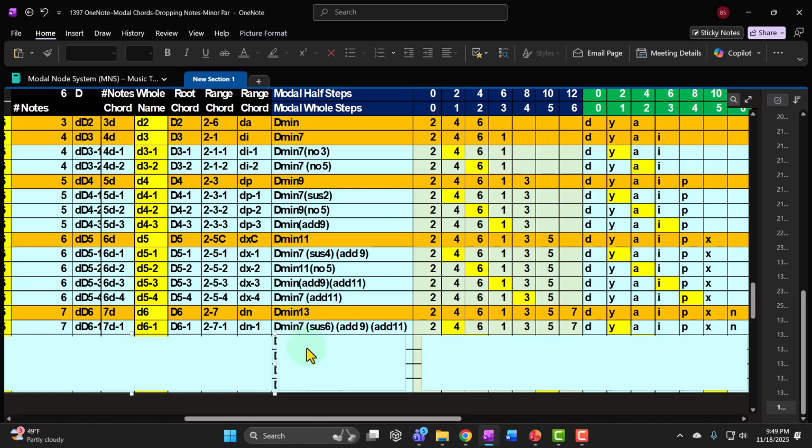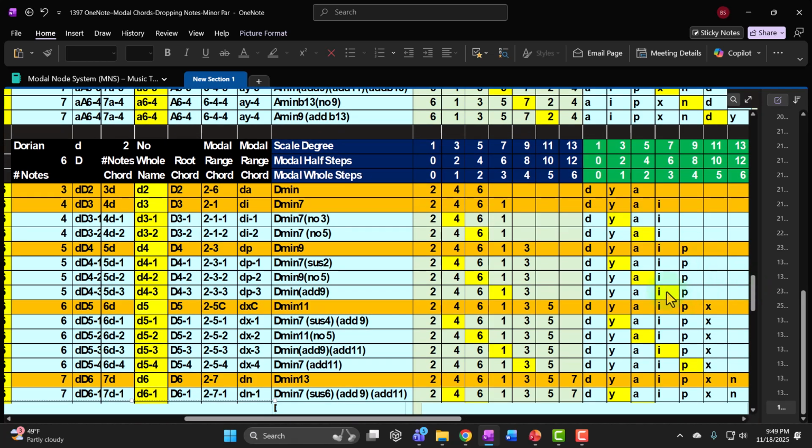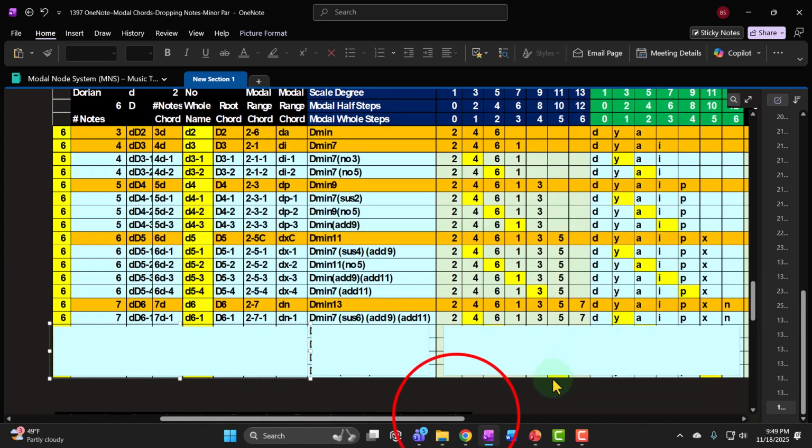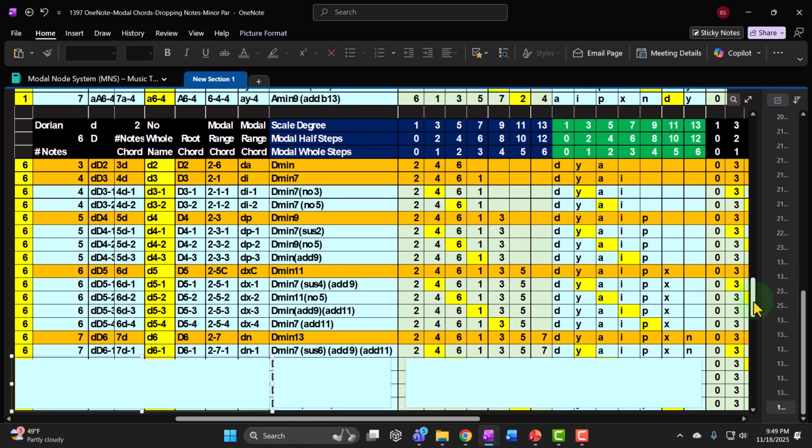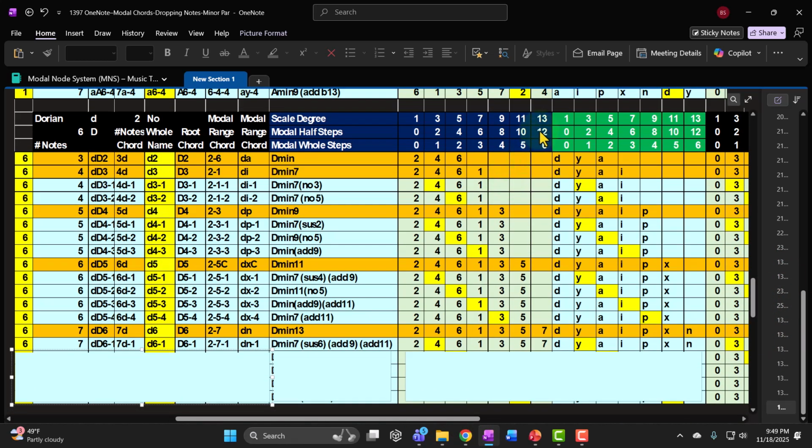But what if I drop the 3rd? Well, then if I drop the 3rd, I'm going to do this logic again. So you could argue that we should do it differently, but if the 13 is equivalent to the 6, right? The 13 is equivalent to the 6.